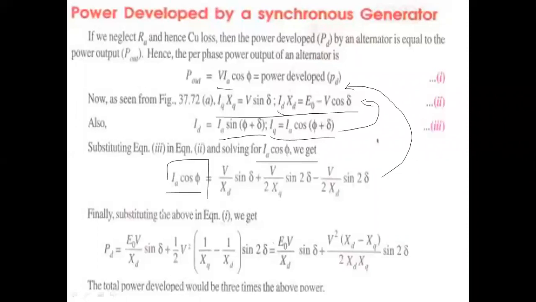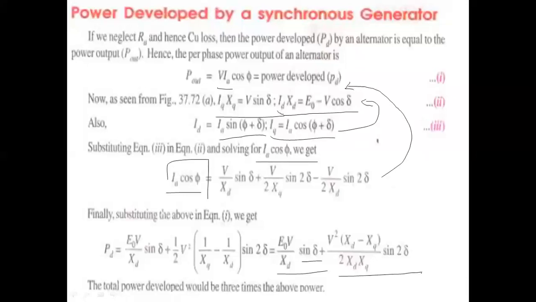So I will get E naught V by XD sin gamma plus V square into (XD minus XQ) by 2 XD XQ sin 2 gamma. So the total power which is developed is 3 times of the above power, right? Here this is the one term and this is the one term and this is 2 times. So totally 3 times of the above power.